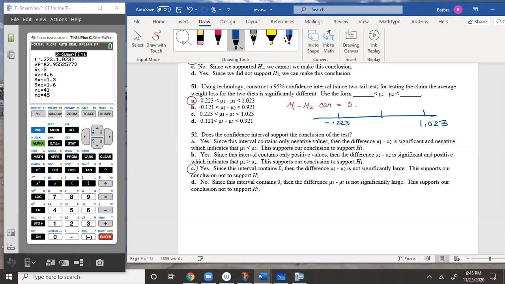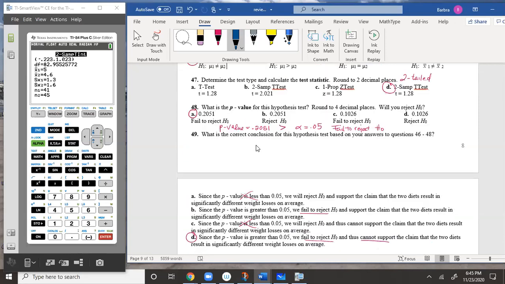Yes. So that does not rule out the fact that the two means are equal. Since 0 is in there, the difference is not significantly large, because it could be equal to 0.